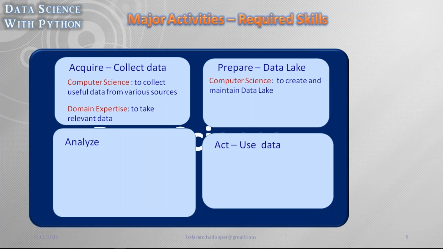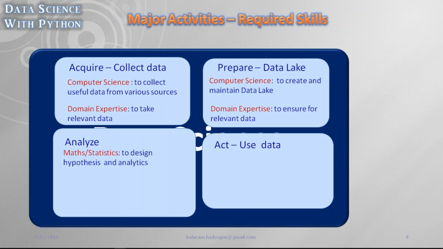And then prepare. For prepare, computer science is required more because we have to convert the data into a common format and store a large amount of data. Domain expertise is also required to ensure whether the relevant data is stored or not.